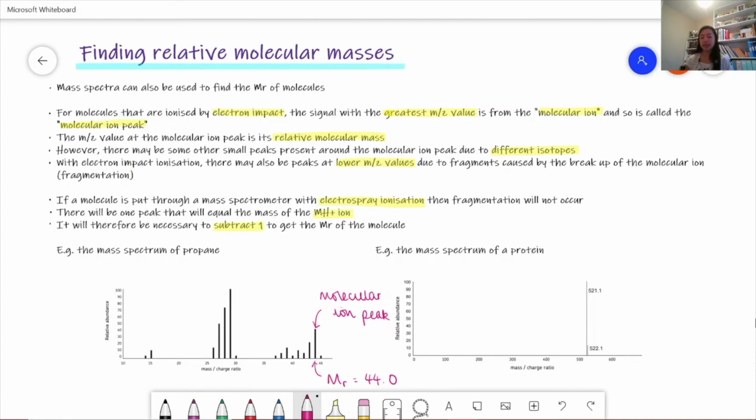All of the peaks below this m/z of 44 are due to the fragmentation of molecular ions.